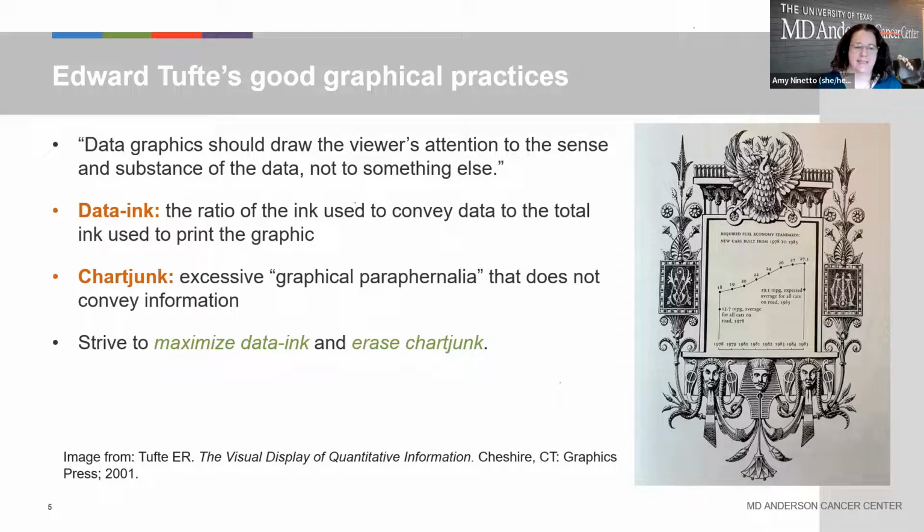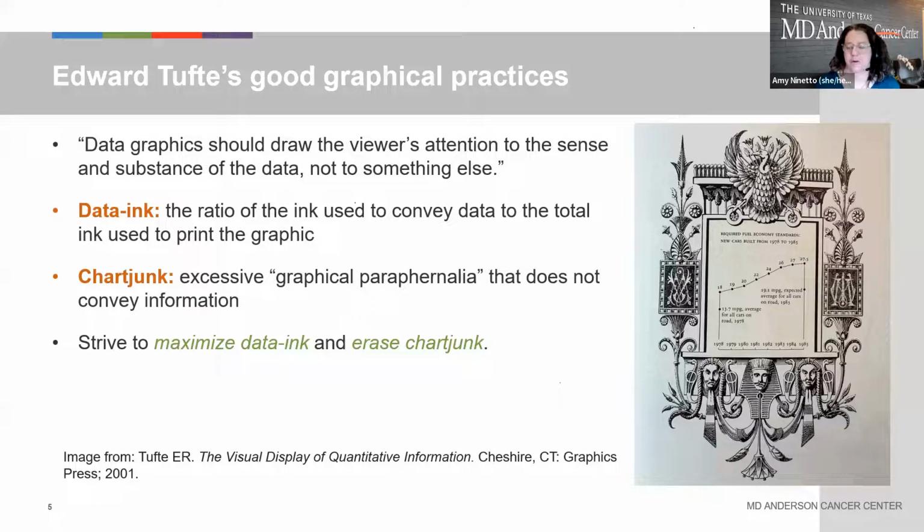And related to that is the idea of chart junk, which we see a lot of in graphs. And by that, he means the excessive graphical paraphernalia that's either conventional, like we're just kind of used to seeing figures that way, or it's sometimes automatically inserted by graphing software. And all of these things add visual clutter, but they don't necessarily convey any information.